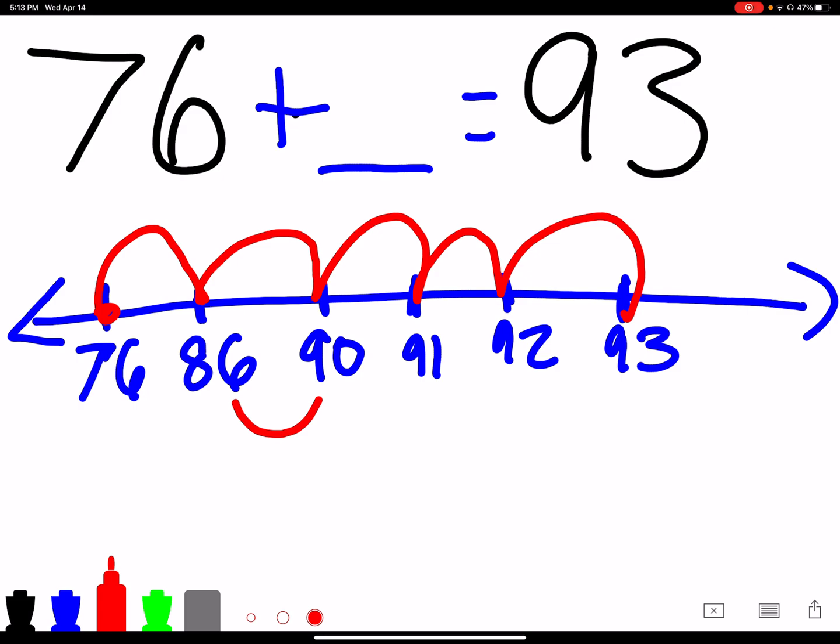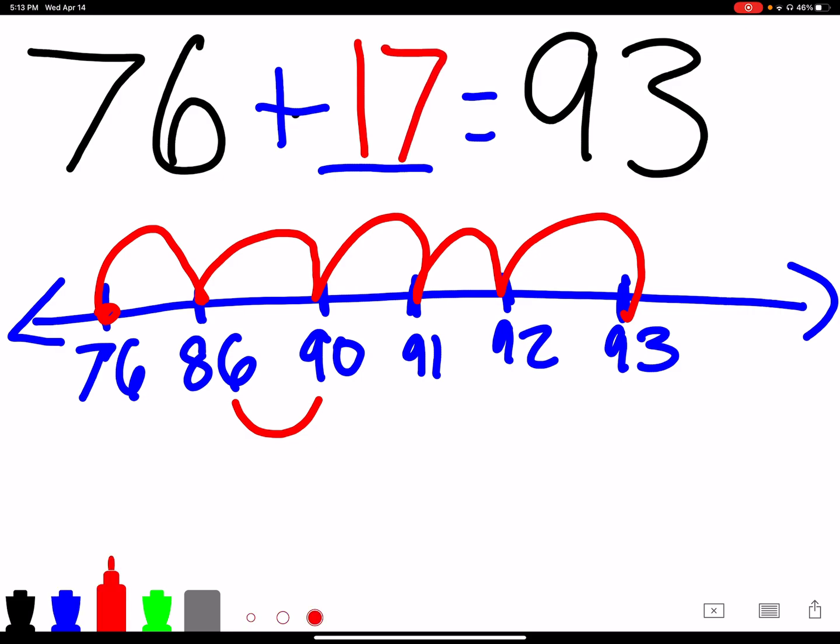So 10 plus 8 will be 18. Oh, no, not 18. Sorry, it's 17. My bad, because 4 plus 3 would be 7, and then 10 plus 7 will be 17.